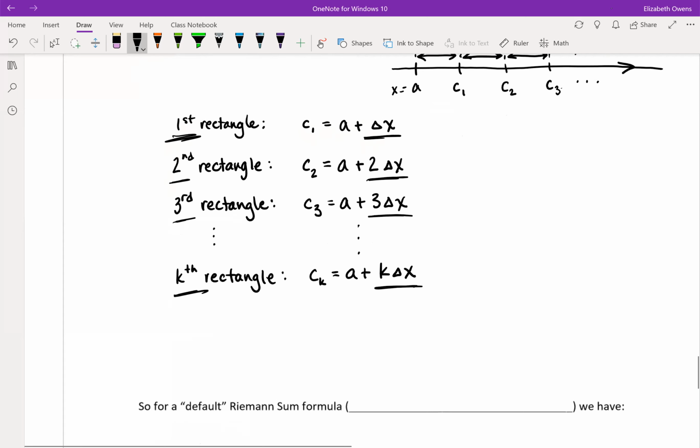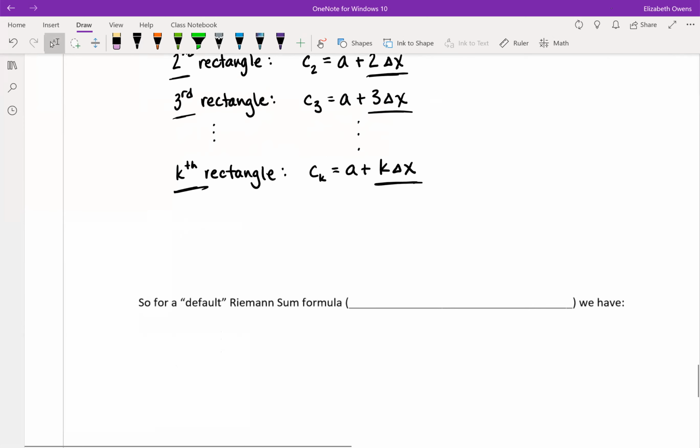So follows along there. So when we put all of this together for our Riemann sum formula, remember our original looked like this. S of p equals the summation from k equals 1 to n of f of ck delta x sub k.